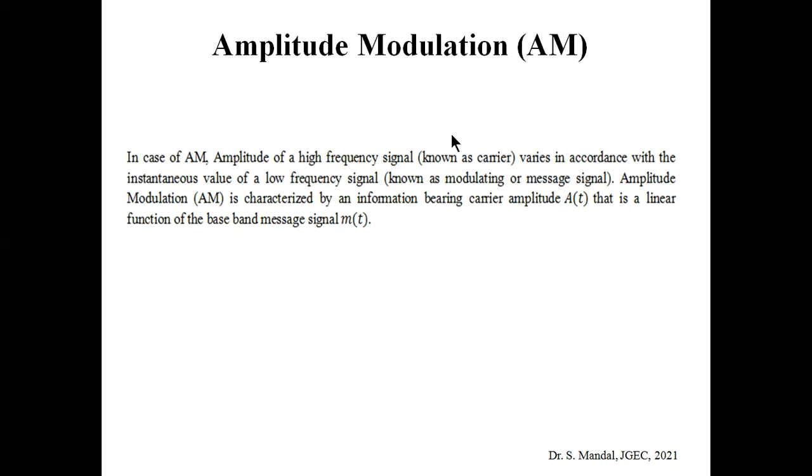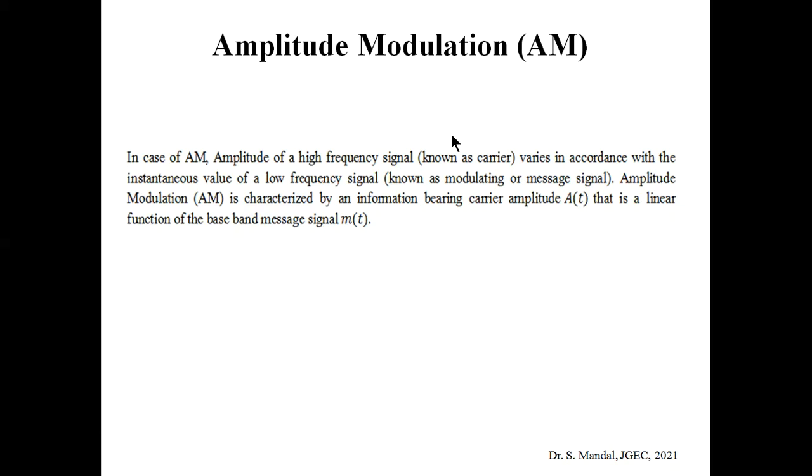I think many of you are already aware of this term AM, which is used in the radio. AM, FM. If you have an earlier radio in your home, you can see that there is written AM, FM, shortwave, like this. So what is AM?